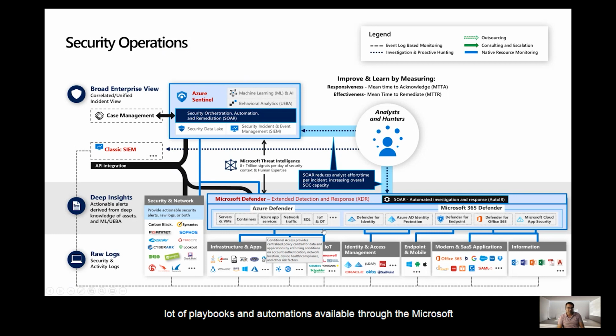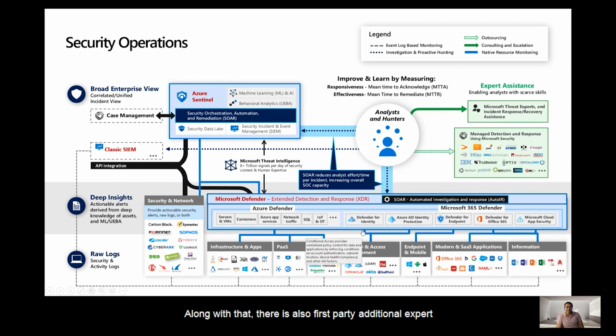There are a lot of playbooks and automations available through the Microsoft GitHub community, which can help you be really creative about how best you can leverage SOAR built into Azure in a raw manner, and you can create different sets of playbook logic. So there are different approaches of SOAR which act at both the XDR level and the SIEM level from Microsoft.